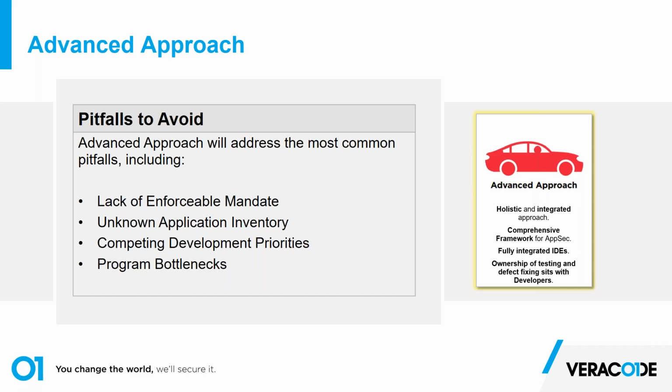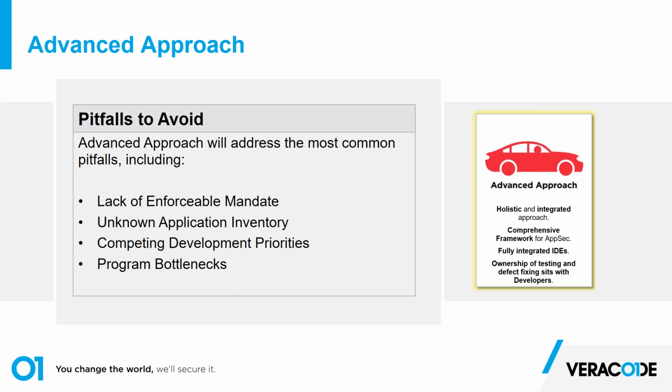And competing development priorities are never going to go away, especially if you have a backlog of issues, a lot of security technical debt. You want to think about when we find, say, high severity cross-site scripting vulnerabilities on a website that's already been in production and we don't have any developers assigned to that website, how are those going to get fixed?